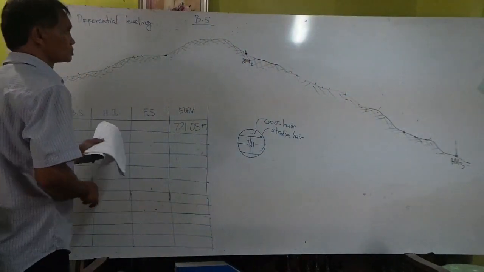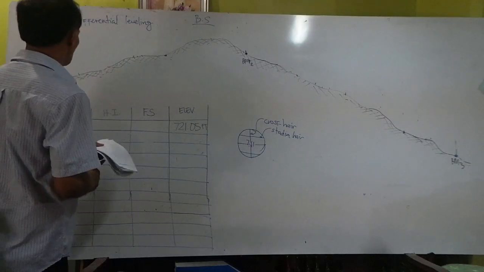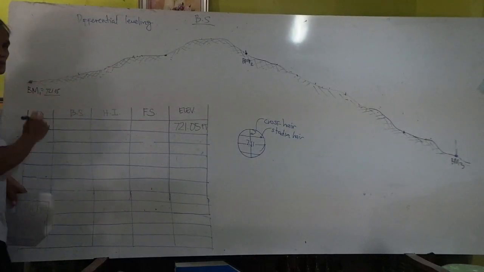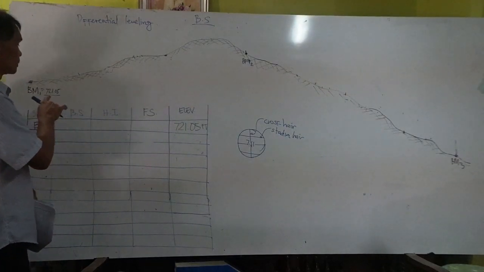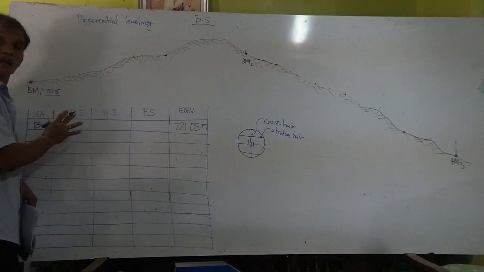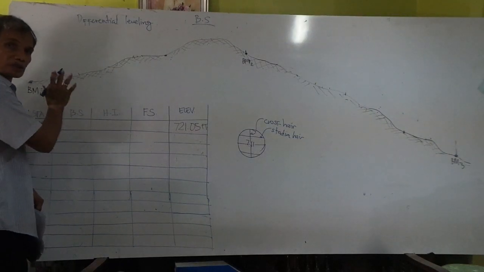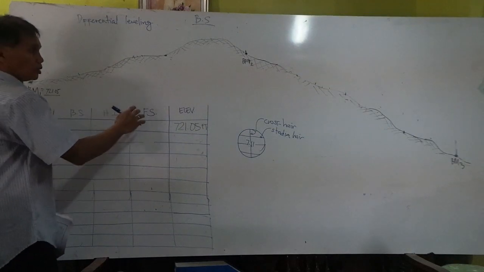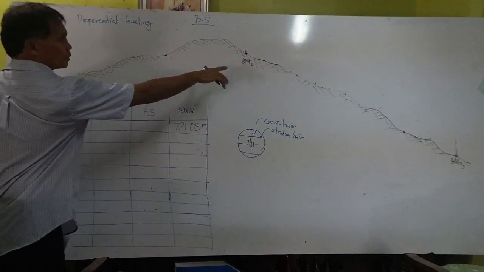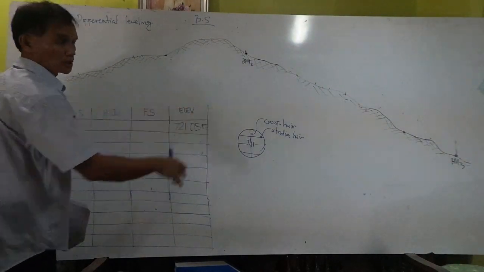Take note that BM 1 is the reference benchmark, meaning the elevation of that particular benchmark is known. We carry the elevation from it to establish benchmark 2.